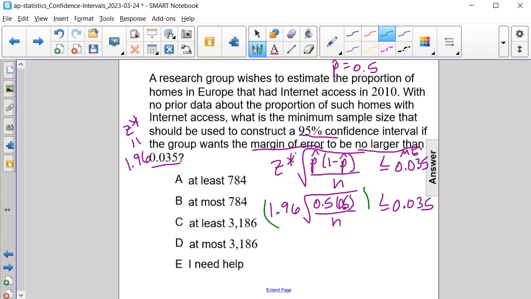And now what we can do to both sides to get n by itself is we can multiply both sides by the square root of n. And we can also divide both sides by 35 thousandths.